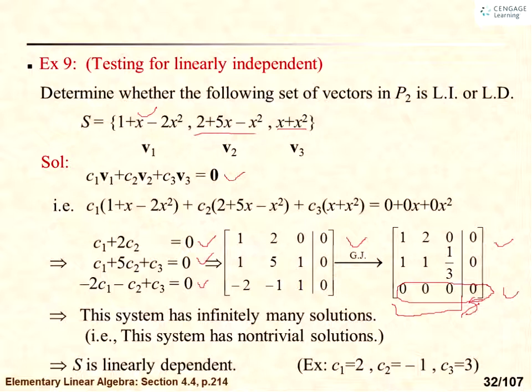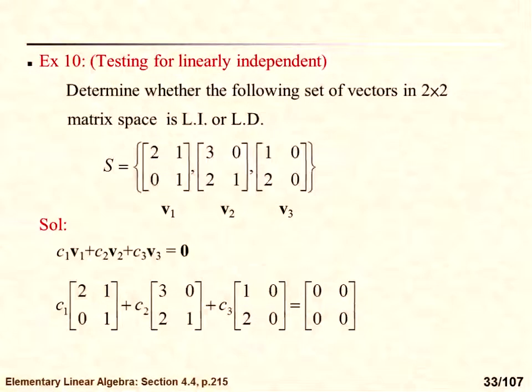So there are three cases, but I think you should check that lecture. But in our case here there are infinitely many solutions, meaning that we have some non-zero values of C1, C2, C3, so we say that it is linearly dependent.